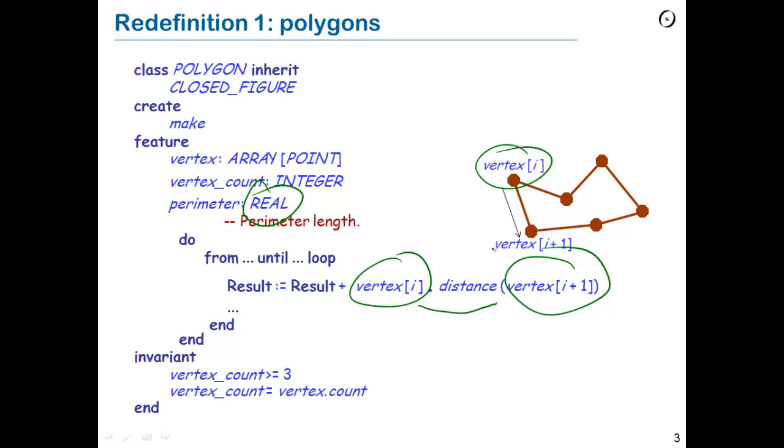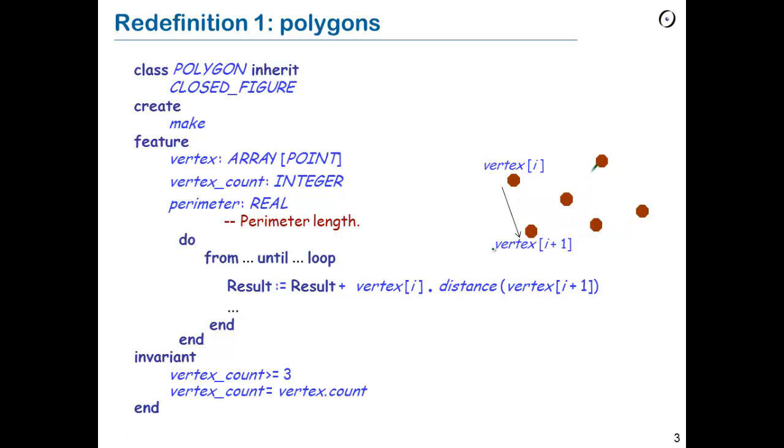So the details are a bit hazy here, but the general scheme is very clear. In order to compute the perimeter of a polygon, we want to go around the polygon and compute the successive distances between adjacent vertices of the polygon, which is what this expression here does.